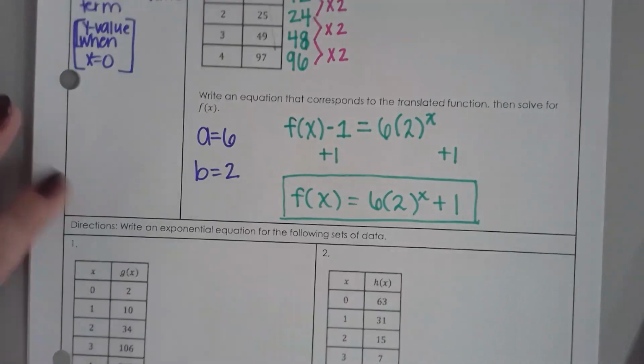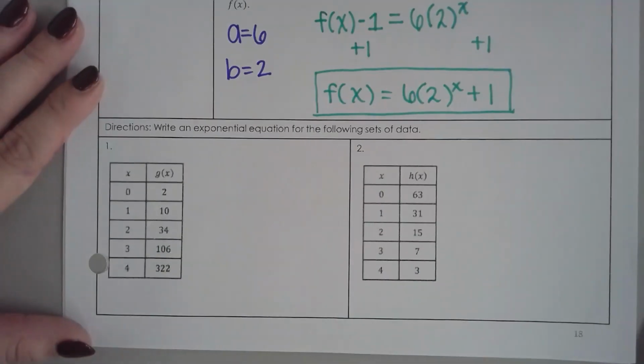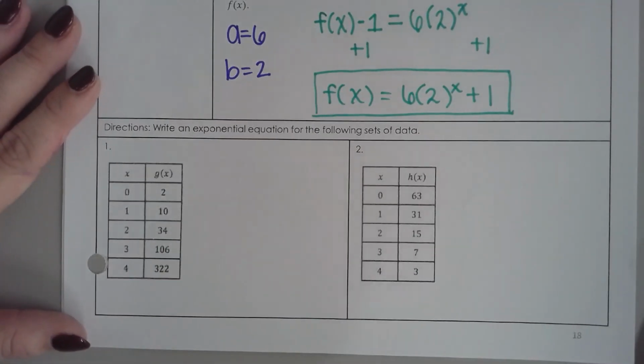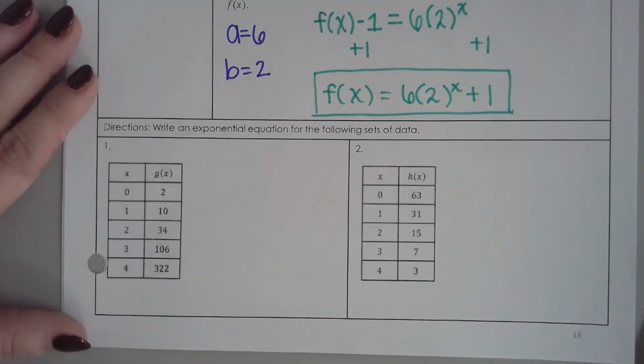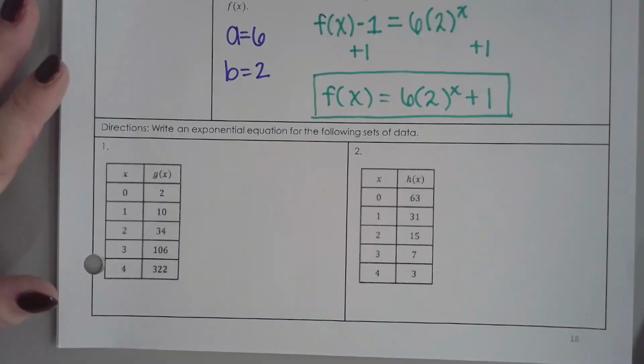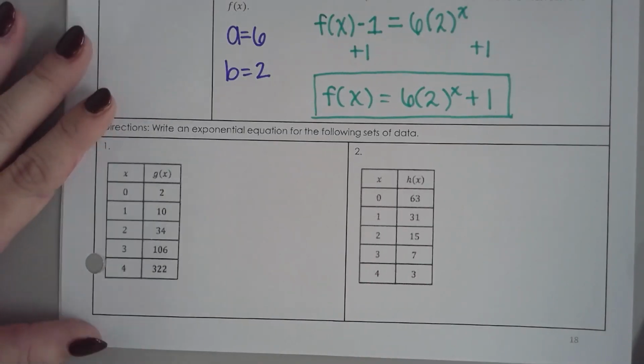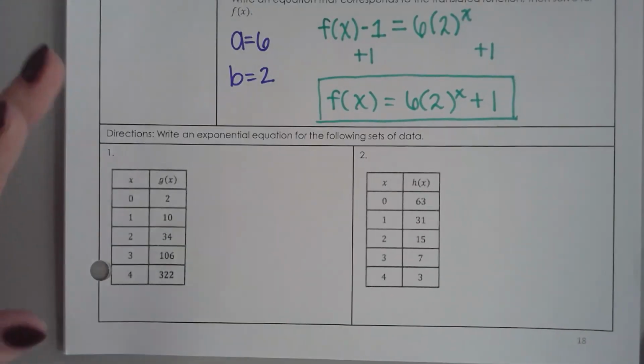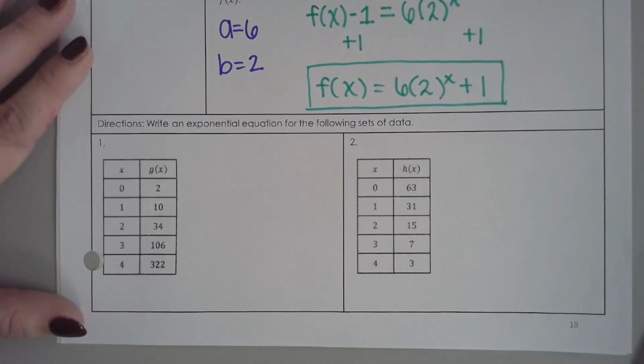So let's look at another one. Starting out, I'm like, okay, well 2 times 5 is 10, but 10 times 5 is not 34. So it's been translated. I'm telling you it's exponential. You've got to figure out, okay, what is that?